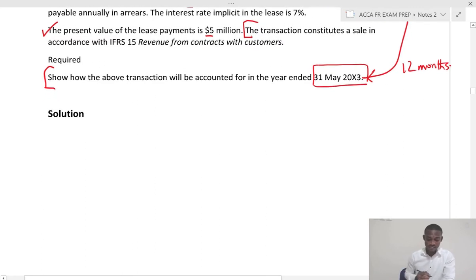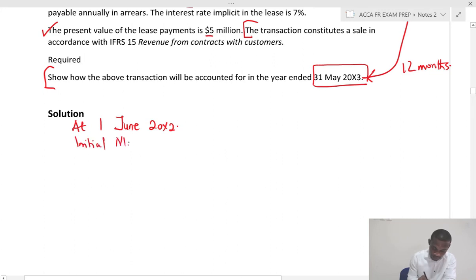Now, because this is a sale and leaseback, I want to take you through the process. At 1st June 20x2, which I will call the initial measurement, two things should happen.